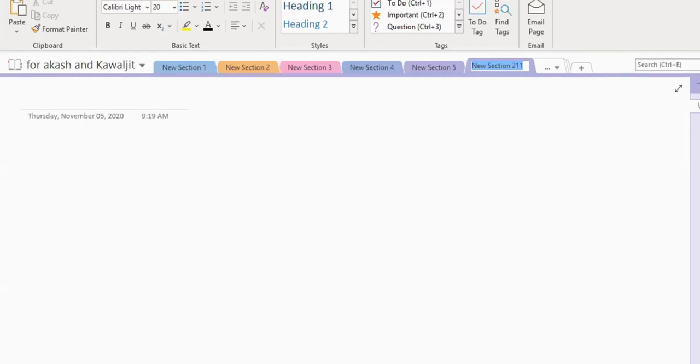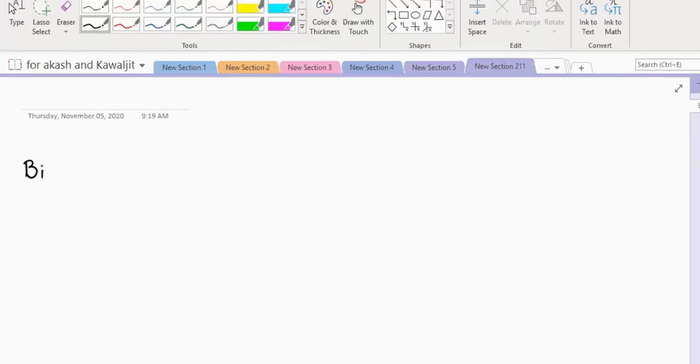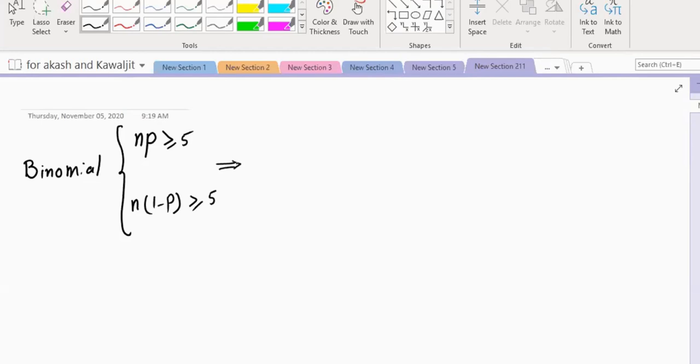We already know that if the distribution is binomial, when n multiplied by p is greater than or equal to 5, and n multiplied by 1 minus p is greater than or equal to 5, then this distribution will become very similar to normal distribution.